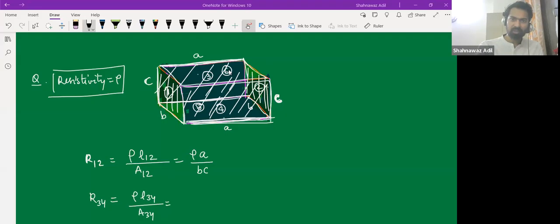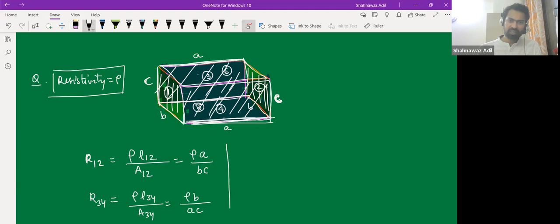The top and bottom are 6 and 5. Then 3 and 4 will be the opposite walls, so the distance between 3 and 4 would be B. Yes, absolutely right. And divided by the area, which would be how much? AC, right?